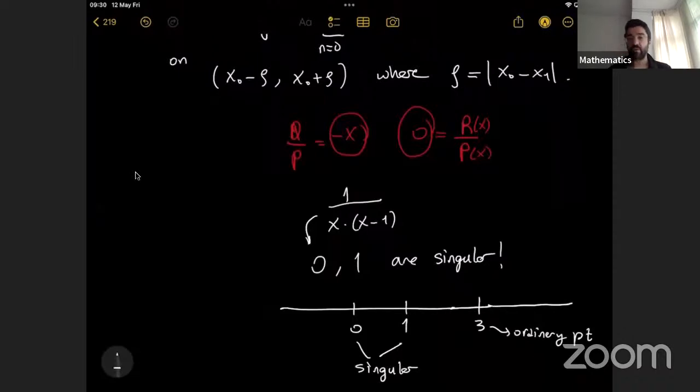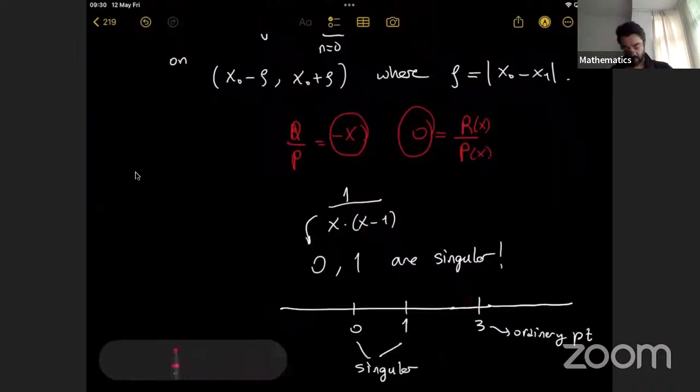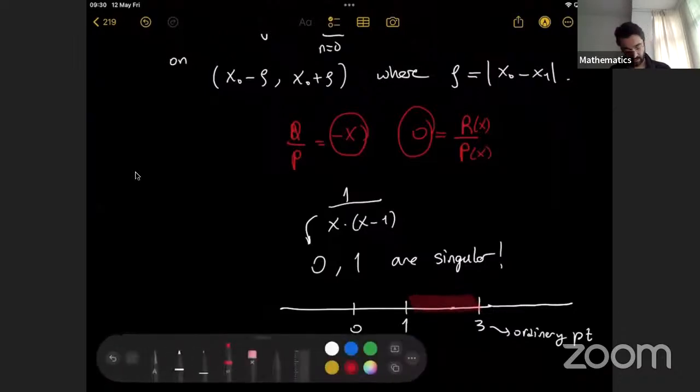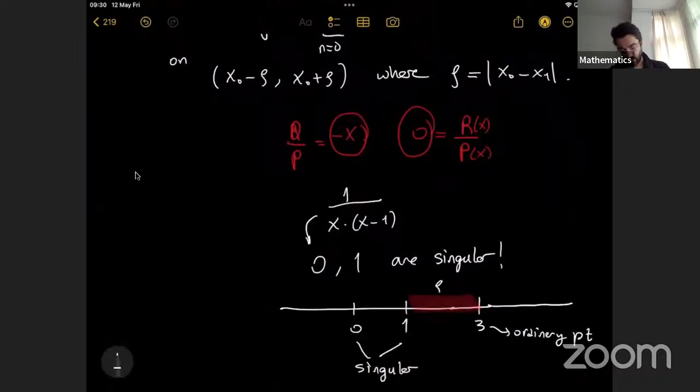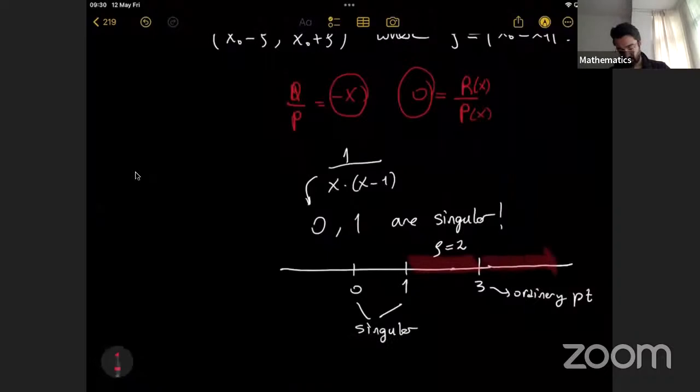What is going to be the radius of convergence in that case? You start from here and go up to the next closest singular point, which is 1. So the radius of convergence, rho, is equal to 2. So you can expand the series around 3 at most up to here.